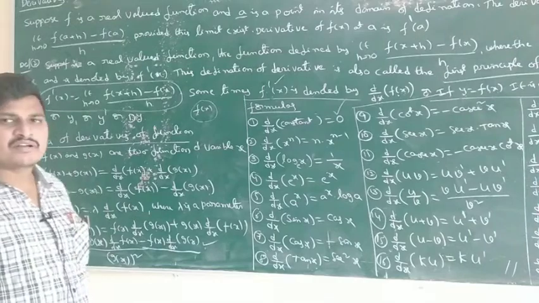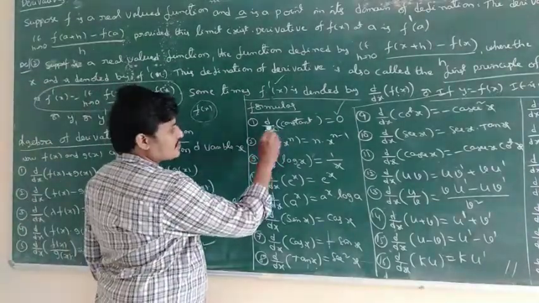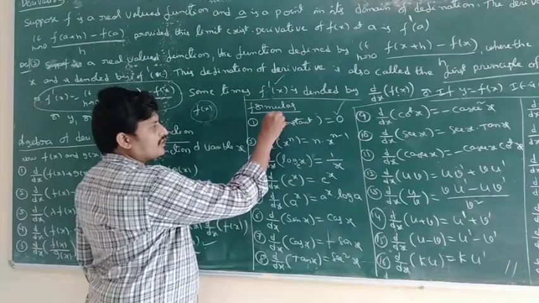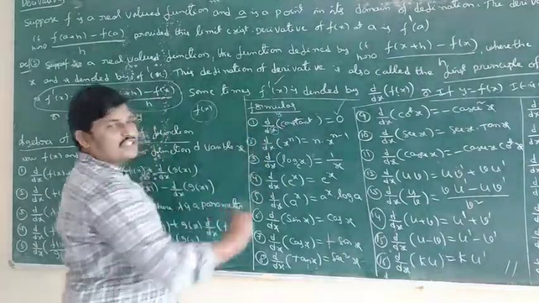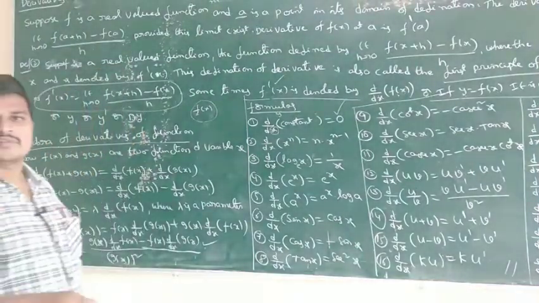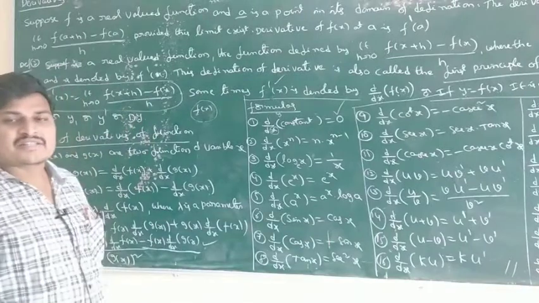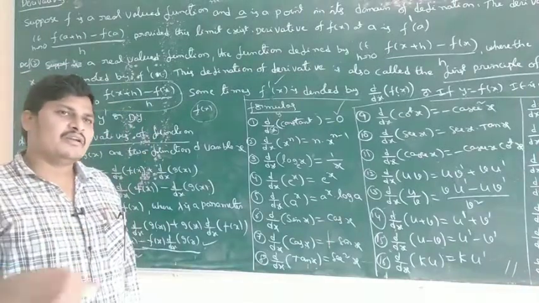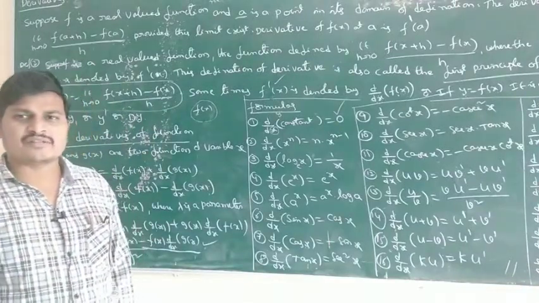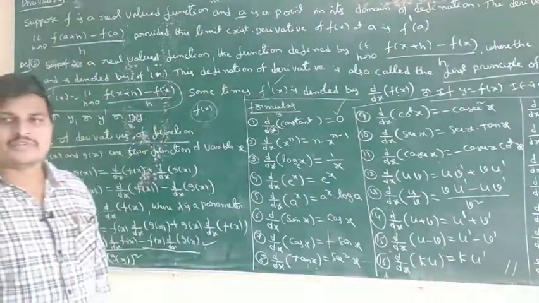First, the derivative of a constant. What does constant mean? Except x and y, everything else is a constant, for example a, b, c, 1, 2, 3, l, m, n.